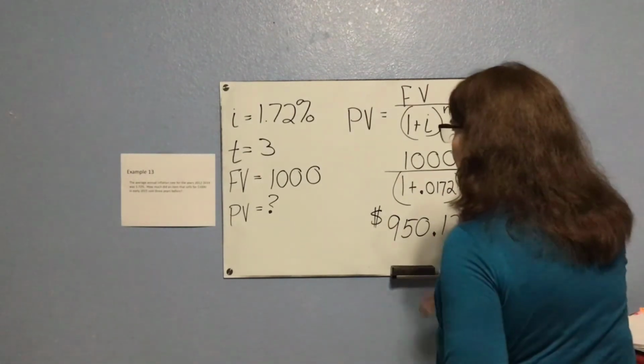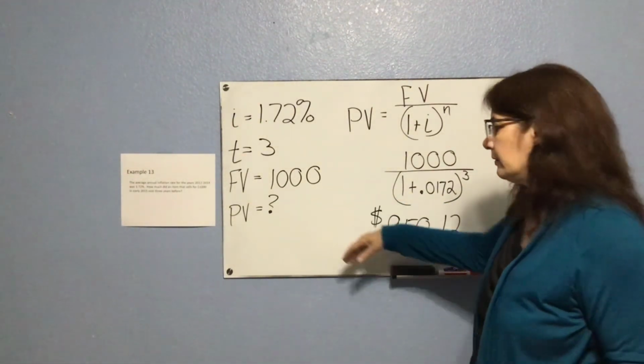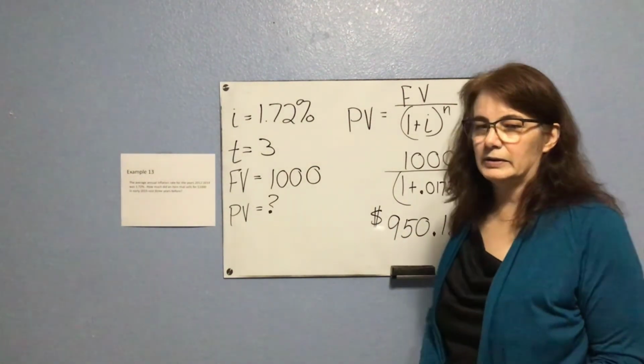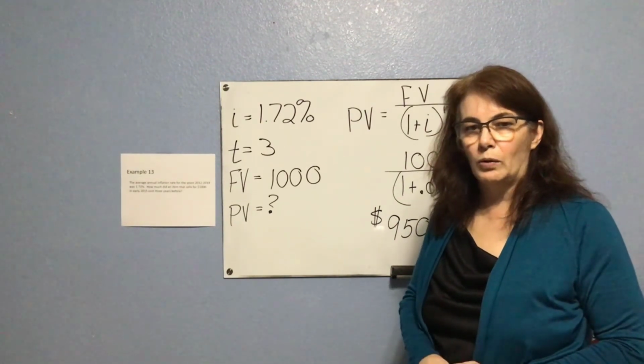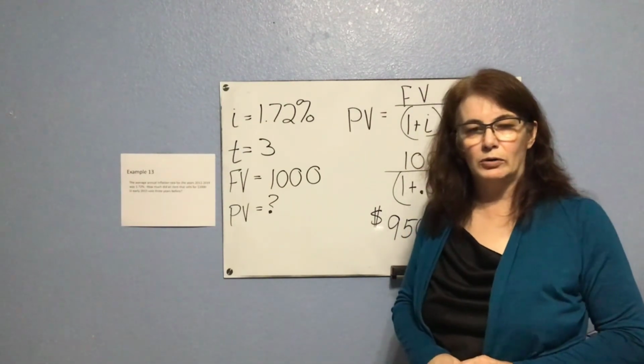So something that cost $1,000 in the early part of 2015 could have been had for about $950 at the beginning of 2012. Okay. Work your last checkpoint now, and then go on and work on your homework assignment.